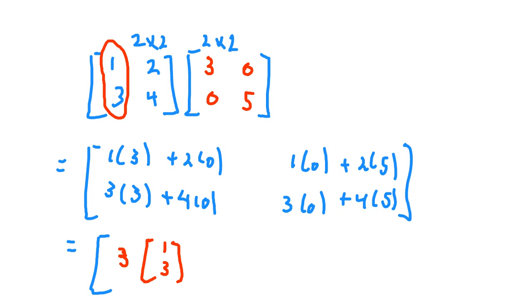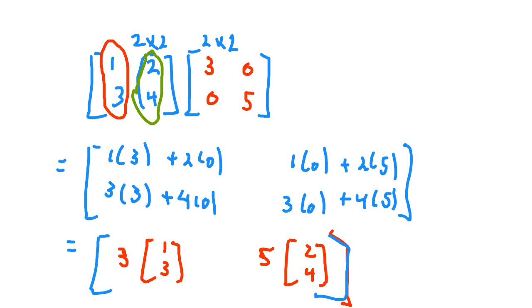And the second column, let me just make sure I have this right. Yeah, the second column is going to be 5 times the vector 2, 4. See that? There's the vector 2, 4.